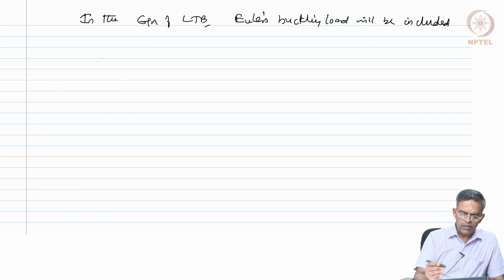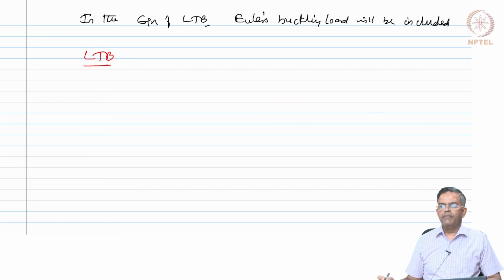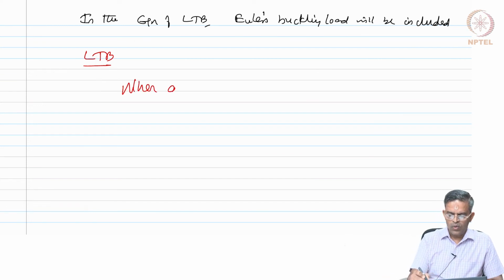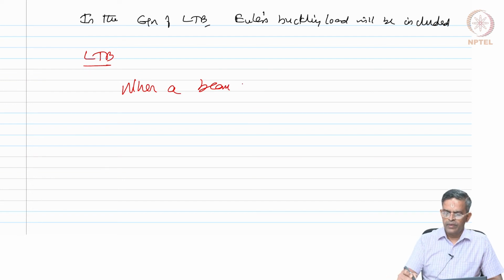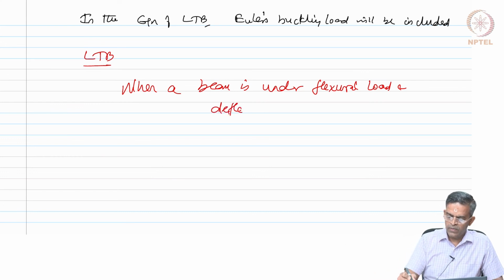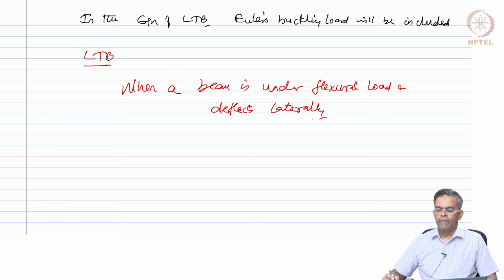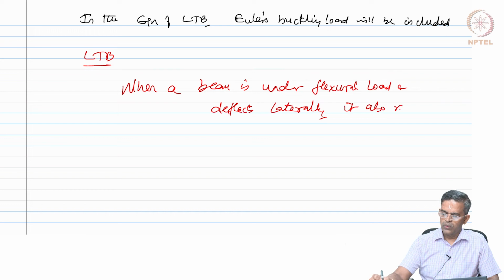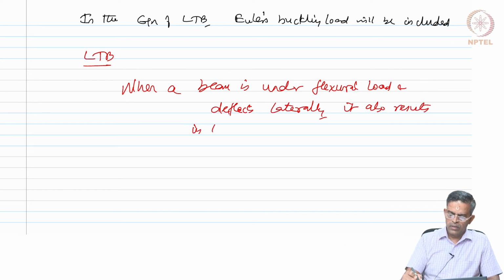So, in simple terms, LTB can be explained like this. When a beam is under flexural load, and deflects laterally, it also results in twisting of cross section.